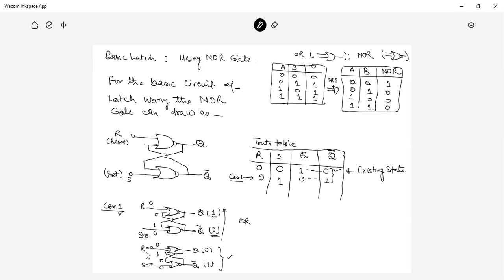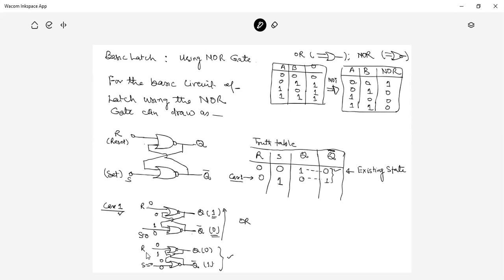In this case, either of the 0s will give the same result. Once again, what we want to discuss in this case is 0, 0.